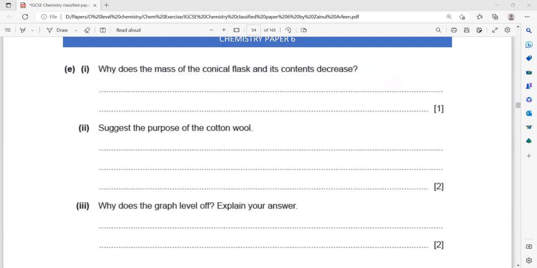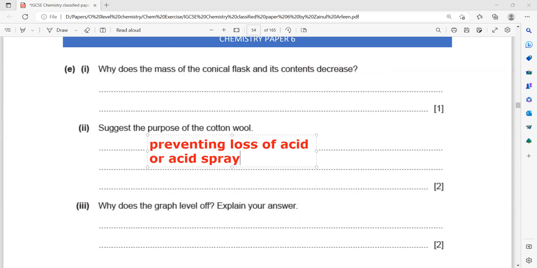Just mention preventing loss of acid. After mentioning preventing loss of acid or acid spray, then only add allow the gas, carbon dioxide, to escape.